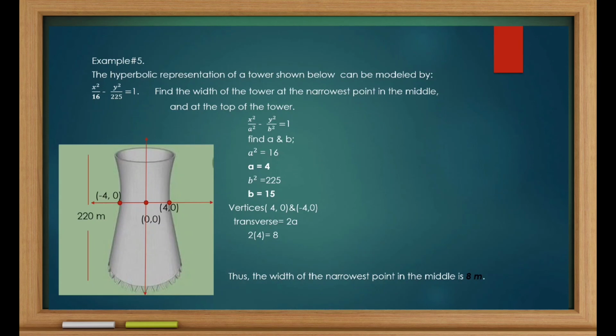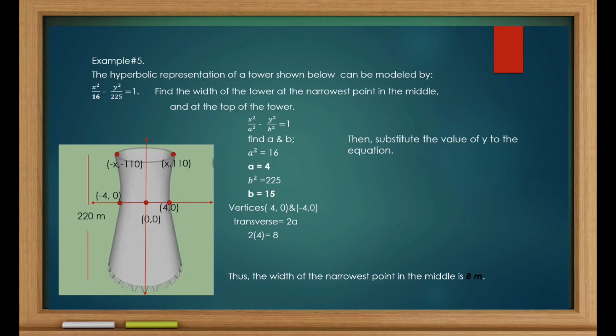Then, to find the width at the top of the tower, we need half of the height of the tower. Since the height of the tower is 220 meters, half of this is the value of y. So we have negative x and negative 110, and x and 110 as the value of y.